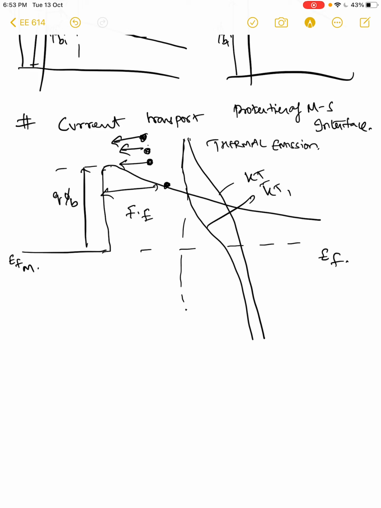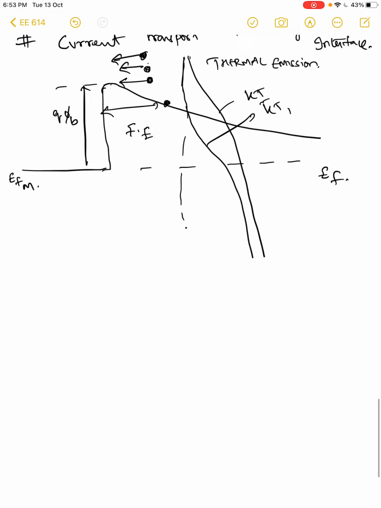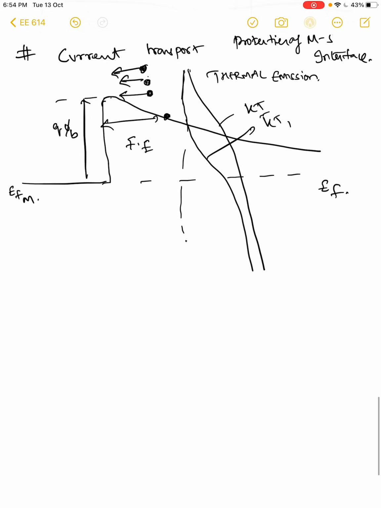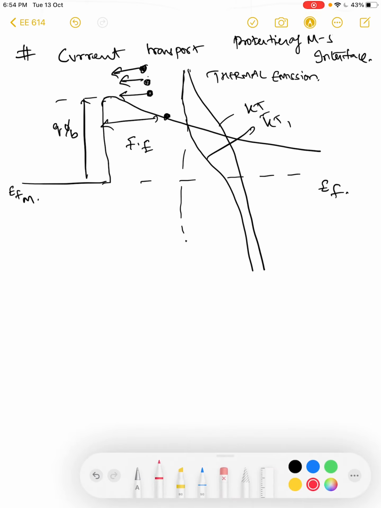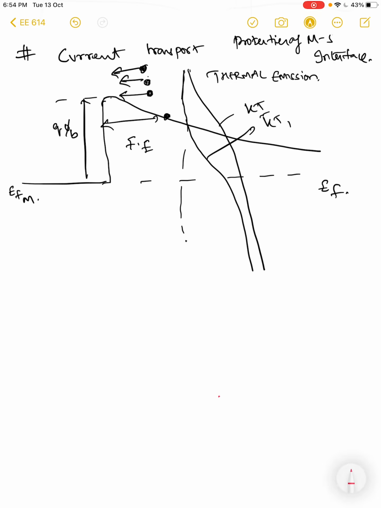Because if you actually apply a reverse bias under these situations, you can see that the Fermi level starts to move, and then you will have something like this at higher and higher biases, right? So as you increase the reverse bias, your actual field at the interface is now so large, your depletion width is now so large, so you have a much higher potential at the interface.